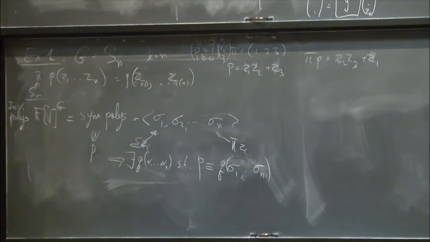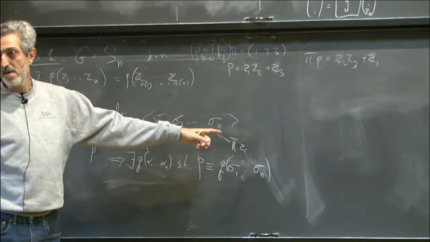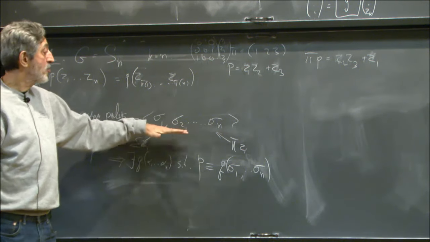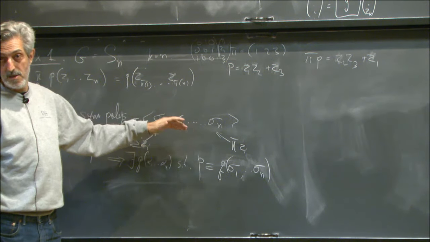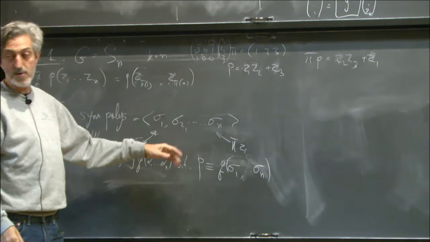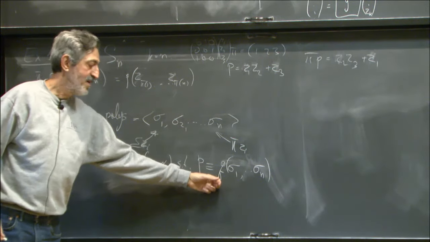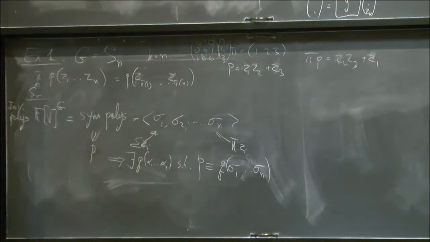That every symmetric polynomial is some arbitrary polynomial in the elementary symmetric polynomials. So this is a generating set, and generating in the sense of algebra, not of linear algebra. Any symmetric polynomial is a polynomial in the elementary symmetric ones.